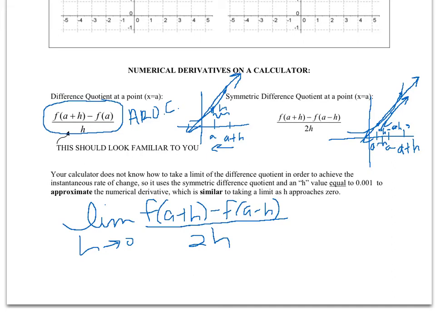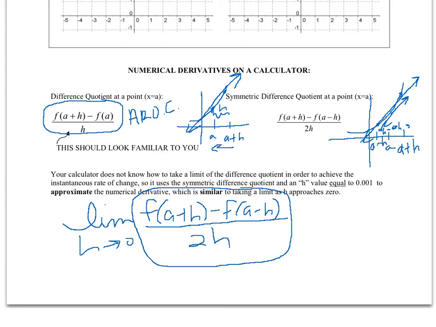But this whole piece in here is finding slope between 2 points. As soon as you put in that limit as h approaches 0, now you're finding the tangent. You are approximating the derivative.